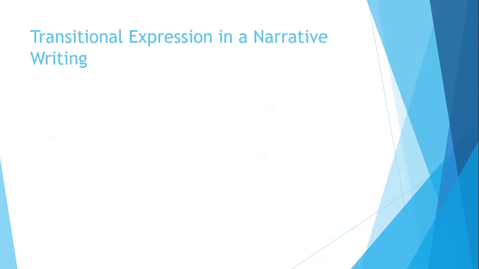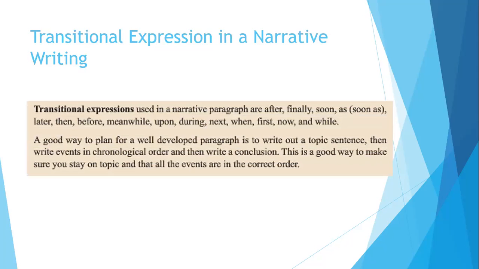Now, what are the transitional expressions, the transitional signals that I use in narrative writing? The transitional expressions used in a narrative paragraph are after, finally, soon as, or as soon as, later, then, before, meanwhile, upon, during, next, when, first, now, and while.